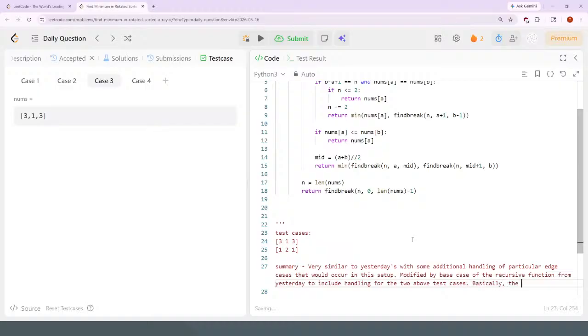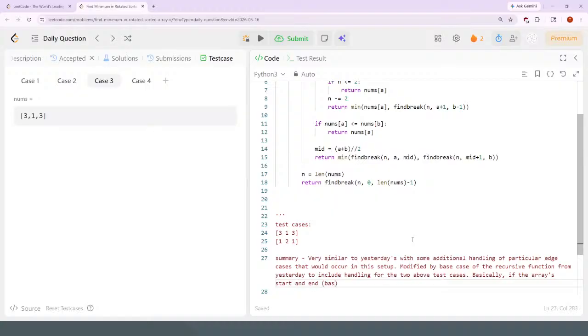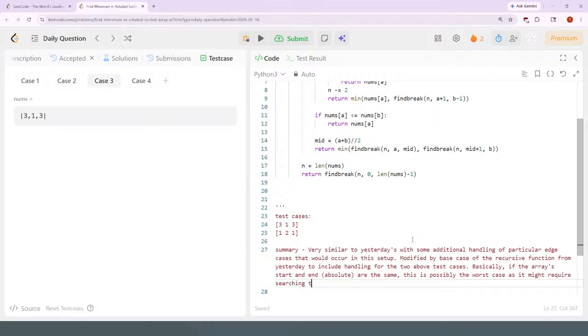Basically, if the array's absolute start and absolute end, not just relative to the current indices, are the same, this is possibly the worst case, as it might require searching through the whole array to find the singleton low or high value.